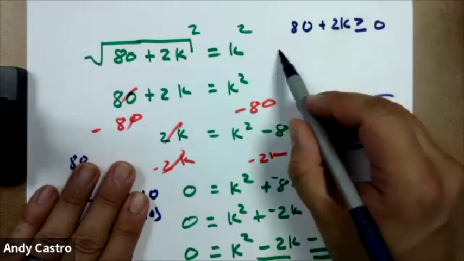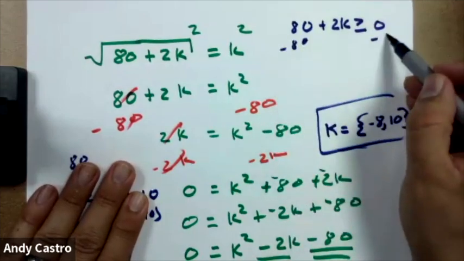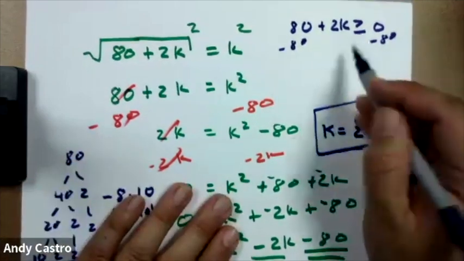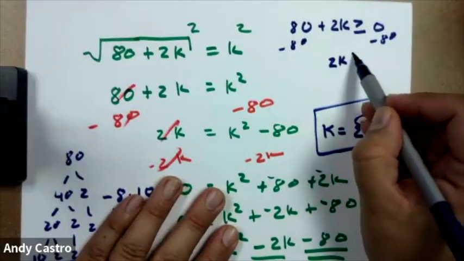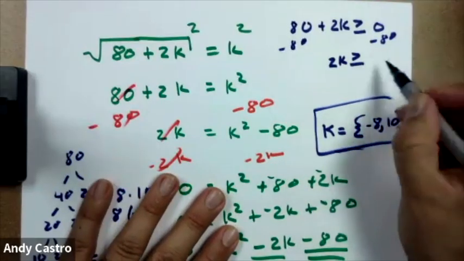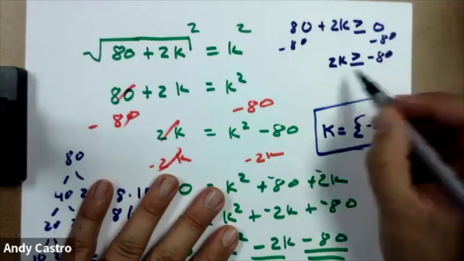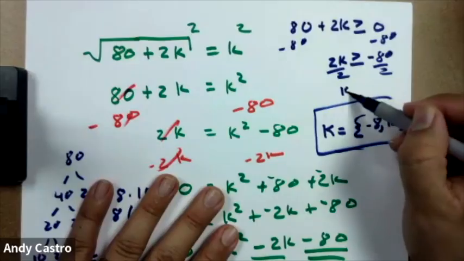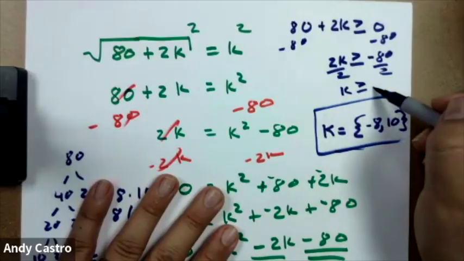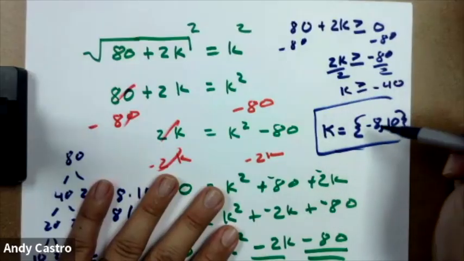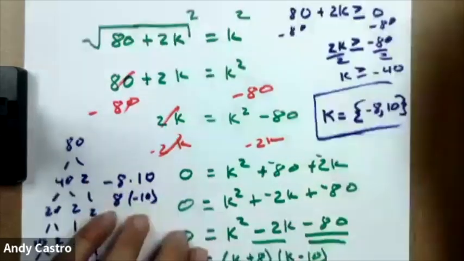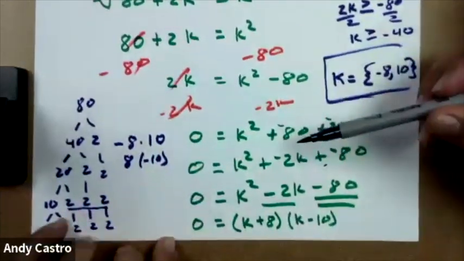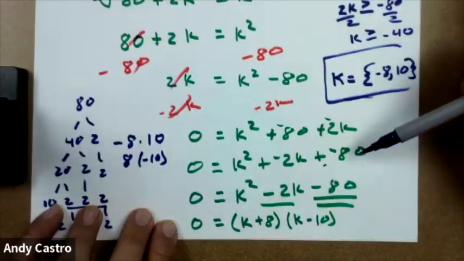If I subtract 80 from both sides, I have 2k is greater than or equal to -80. Divide both sides by a positive 2, so that doesn't change. k must be greater than or equal to -40, which -8 would do. Let's see.